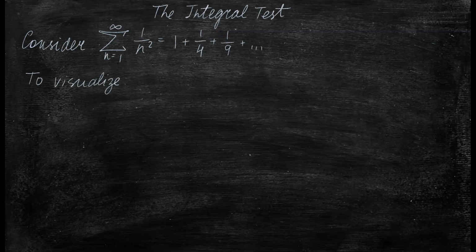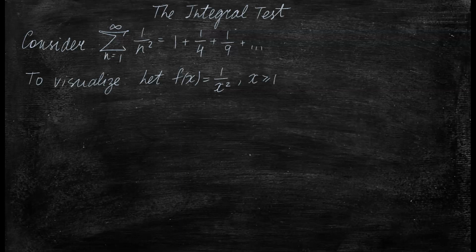series. So to do so, we are going to introduce a function, a continuous function, on which the sequence of terms resides. And we're going to look at this function to the right of 1. So what does it look like?